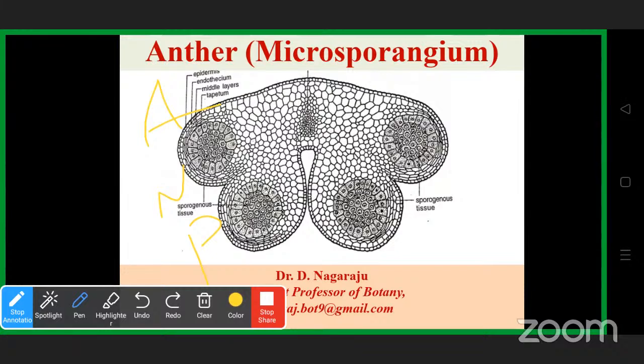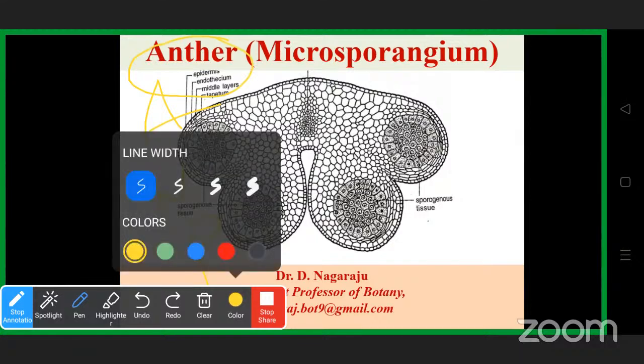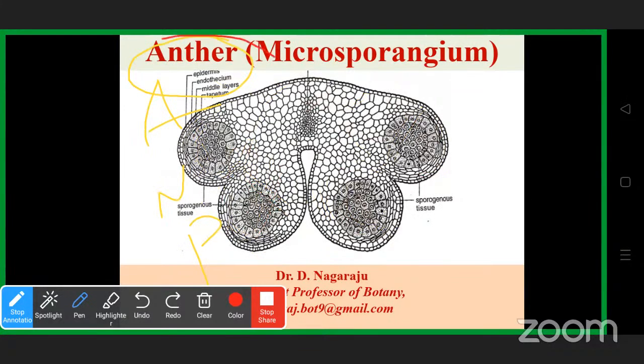Okay, now the first chapter is anther. Anther is also called microsporangium.